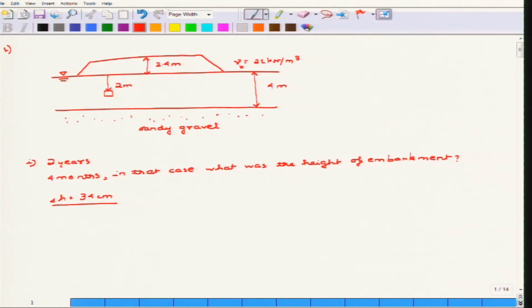Now if the settlement was 34 centimeter, then from the equation of the total time, that is TV is equal to CV into T by H square, where H is basically the drainage path length.